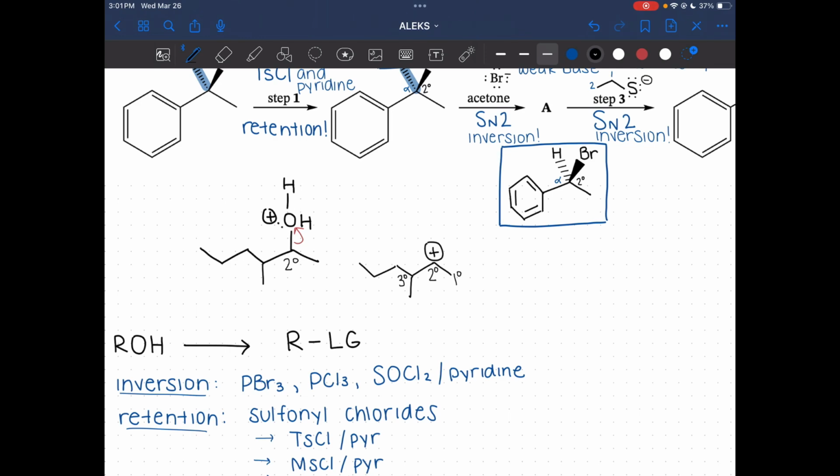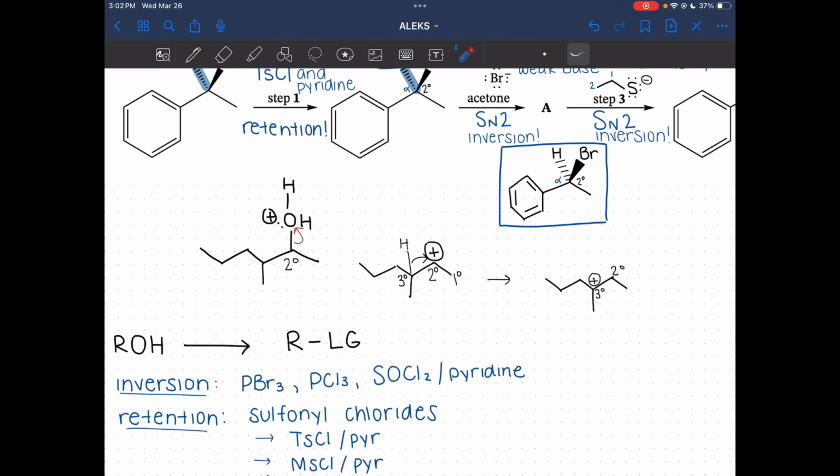So when I activate this alcohol and let it leave like I did here, I am going to end up getting this carbocation that could ultimately shift to this spot, and I will end up getting something that looks completely different from what I started with. Basically, my reactive position went from this second to last carbon here to this third to last carbon here.